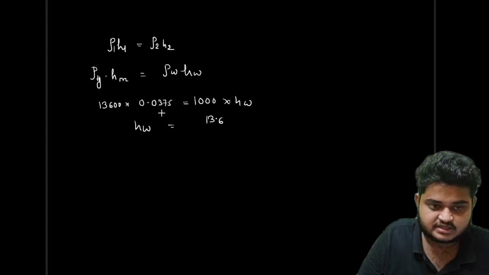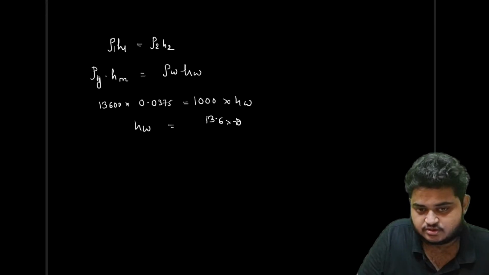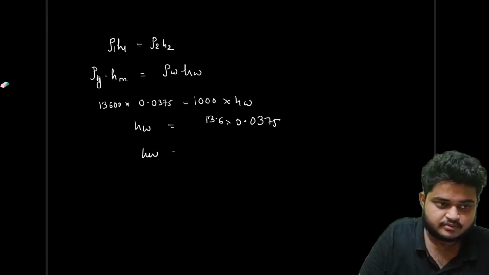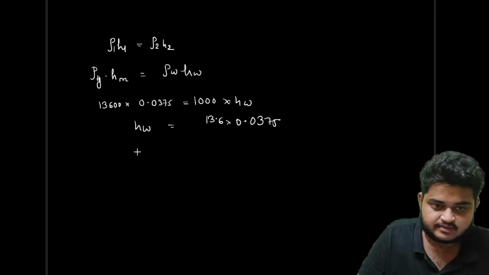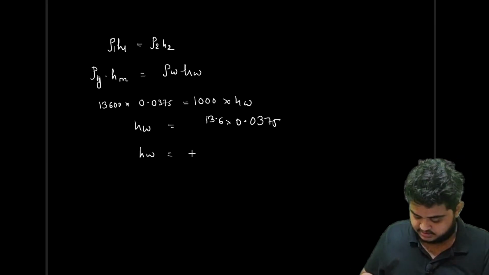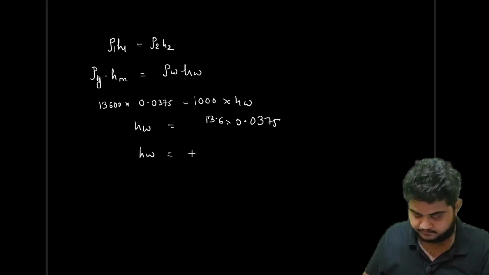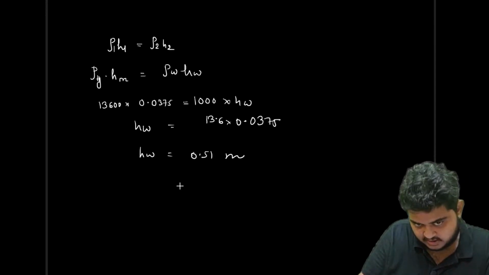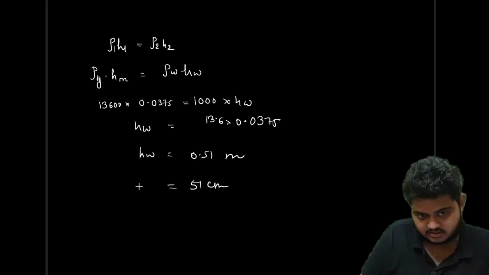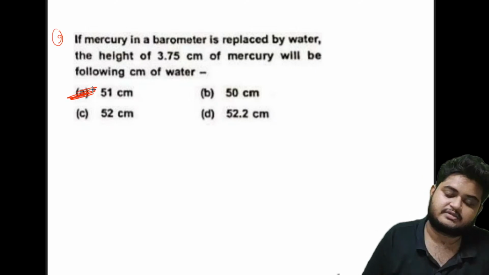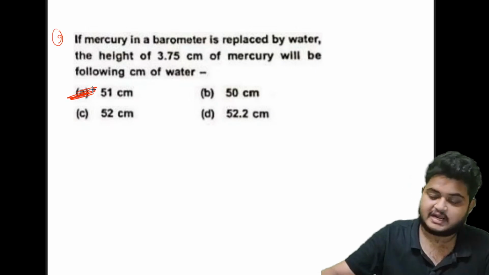If this 1000 is cut by 13,600, it will come out as 13.6 into 0.0375. So which will be the right answer between these four options? Let us check. So 13.6 into 0.0375 comes out to be 0.51 meter, which is 51 centimeter. Let us check the options. Option A is the right answer, 51 centimeter.